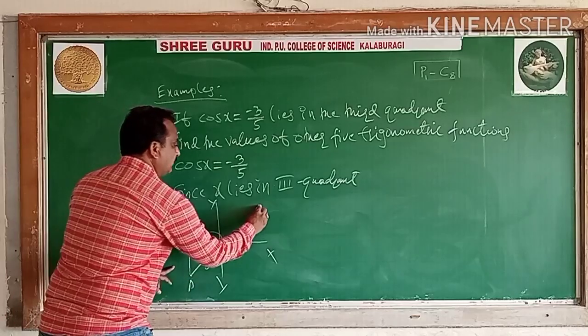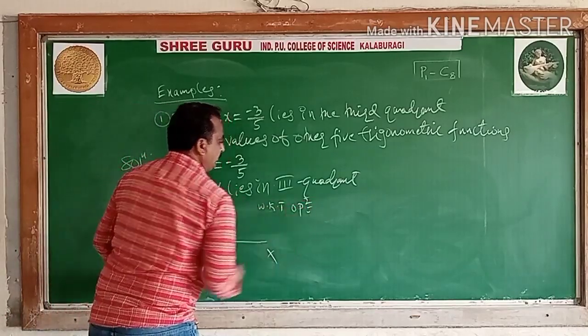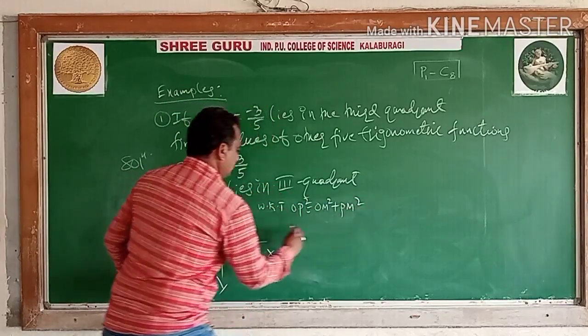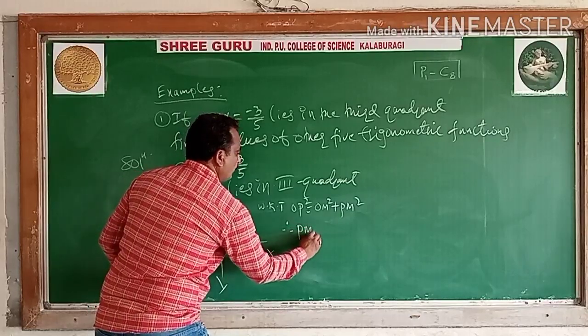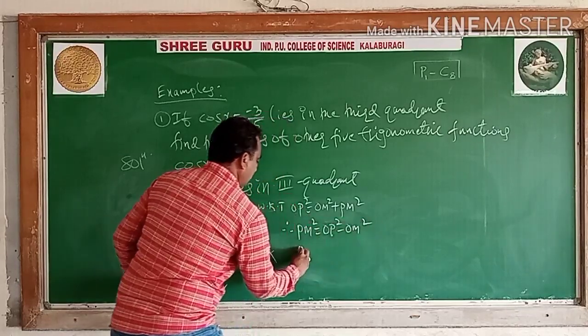We know OP square is equal to OM square plus PM square, by Pythagoras theorem. Therefore, PM square equals OP square minus OM square.